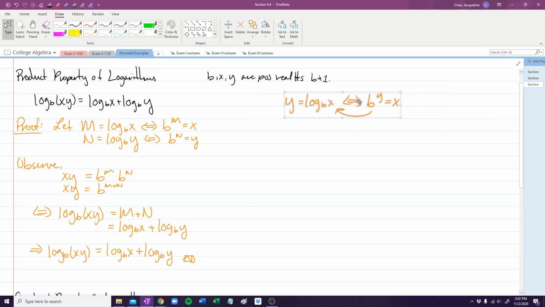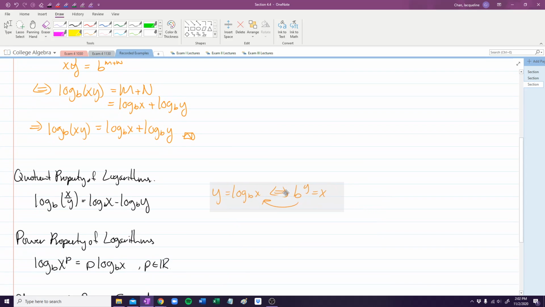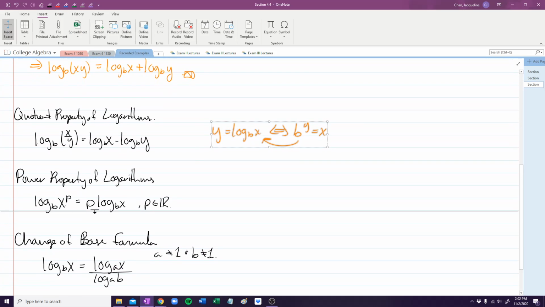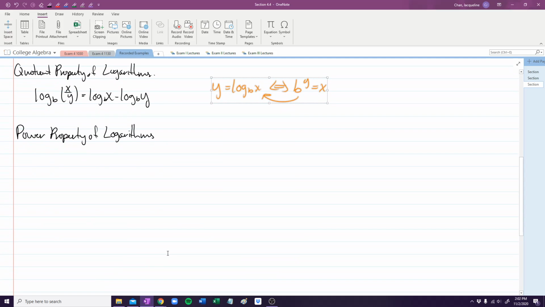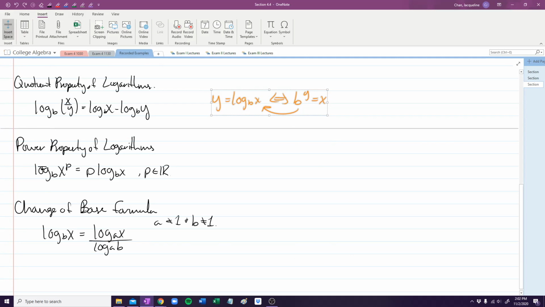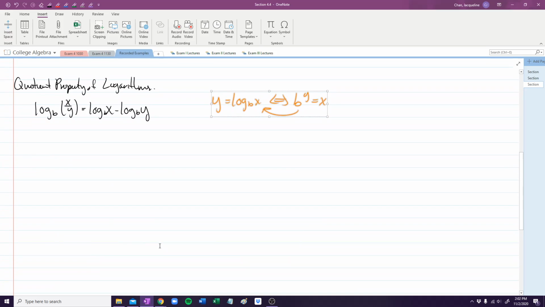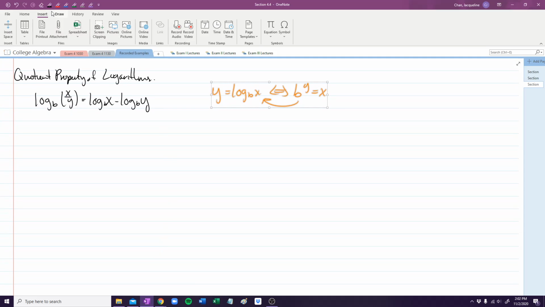Now we're going to prove the quotient property. Let me add some space here. Alrighty. Let's get started. So, again, we're going to do something similar.